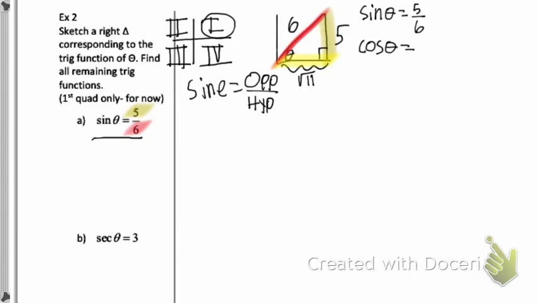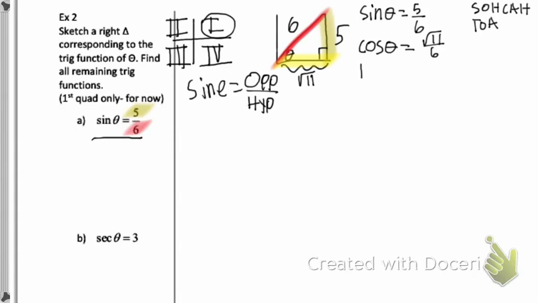Another way to remember this, as I told in my previous videos, is SOH CAH TOA. So cosine is adjacent over hypotenuse, so that'll be square root of 11 over 6.